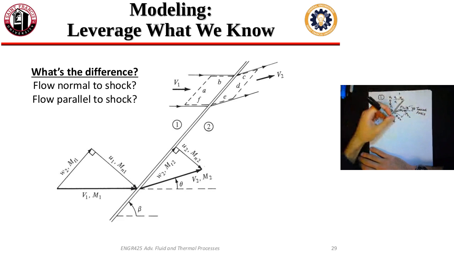Beta is the wave angle. If we know those, we can do some trig and get our normal Mach number in a pretty straightforward fashion. Hit up some trig, call it a day. By the same token, you can figure out M2 the same way.